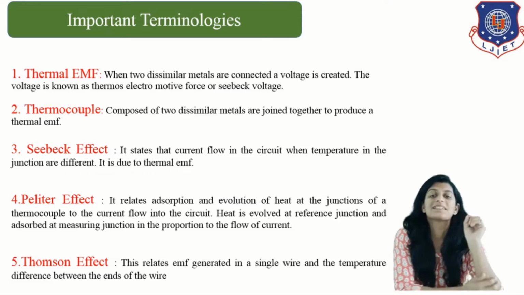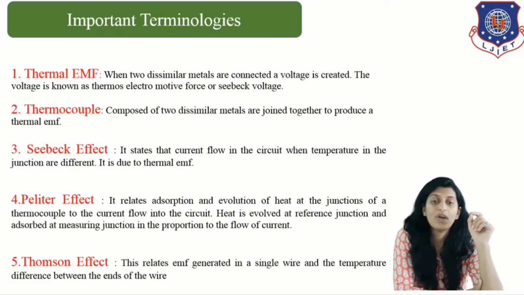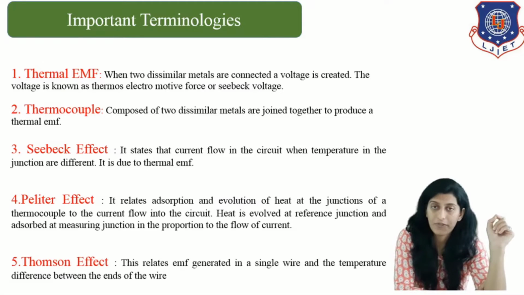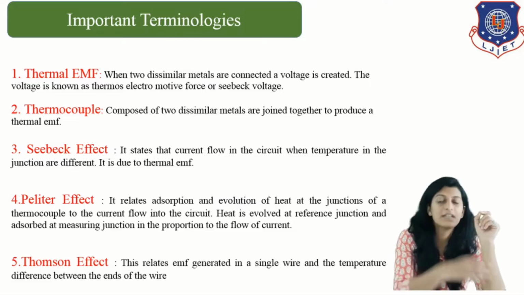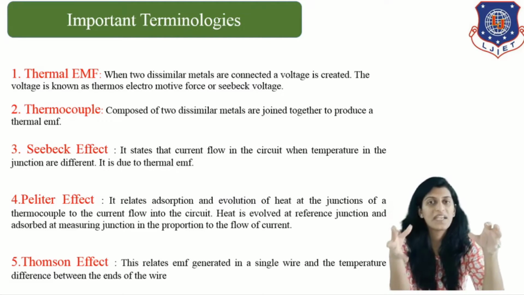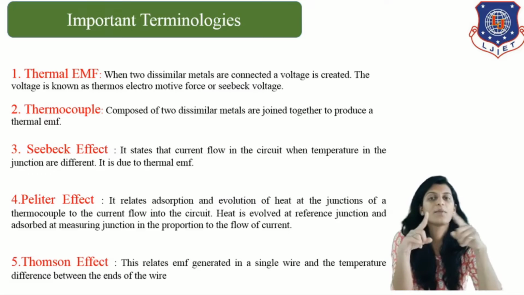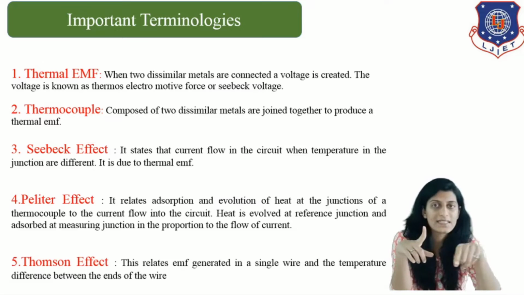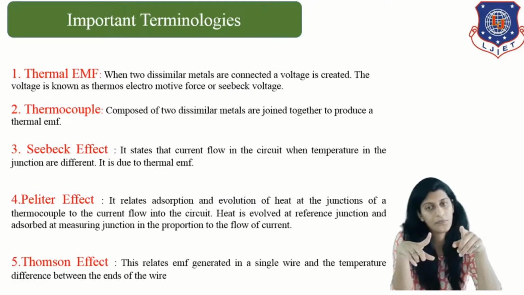So let's see what we mean by Seebeck effect. The Seebeck effect states that current flows in the circuit when the temperatures at the junctions are different. It states that whenever the temperature is different between two junctions, there will be a flow of current inside the circuit, right?